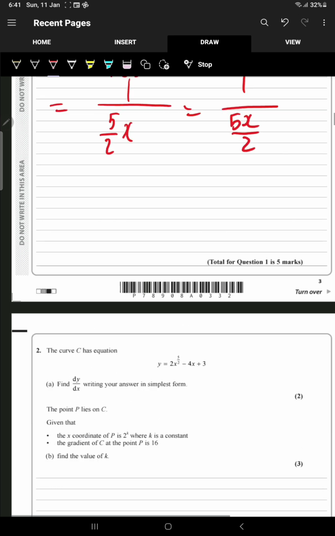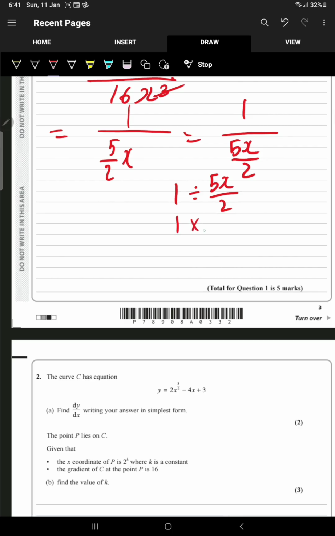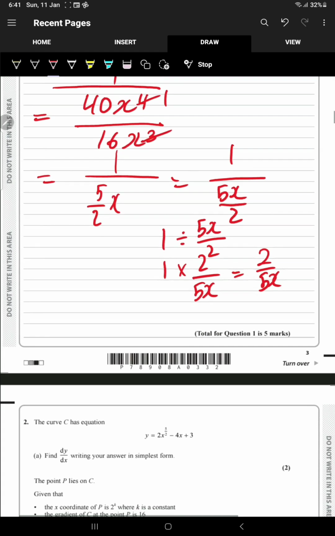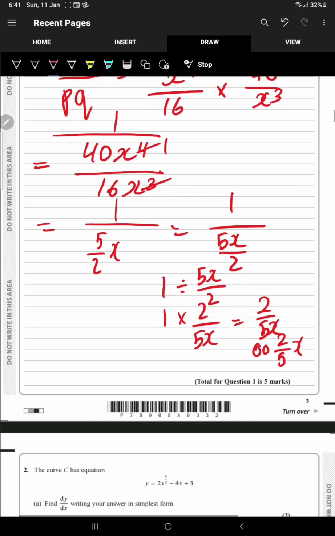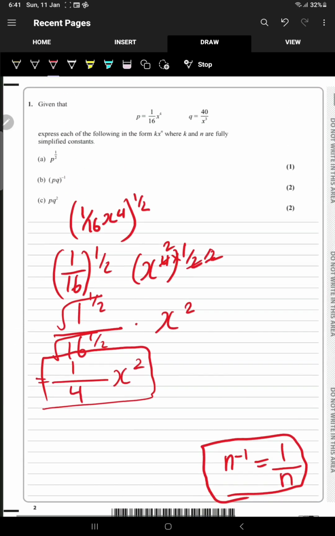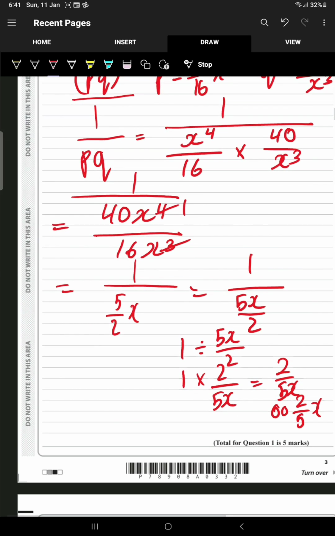Now we can do keep, flip, change. This can be written as 2 over 5x, or you can write 2 to the power of 5x, it doesn't really matter.